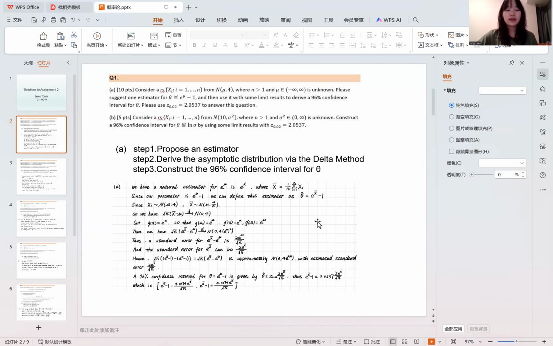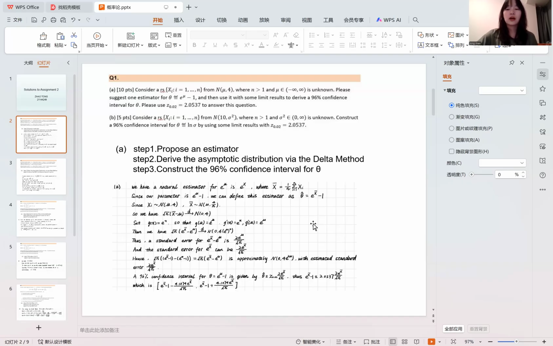Since the sample mean is an unbiased estimator for mu, this transformation is intuitive given that e^mu minus 1 is a continuous and monotonic function of mu. Now, let's leverage some limit results.